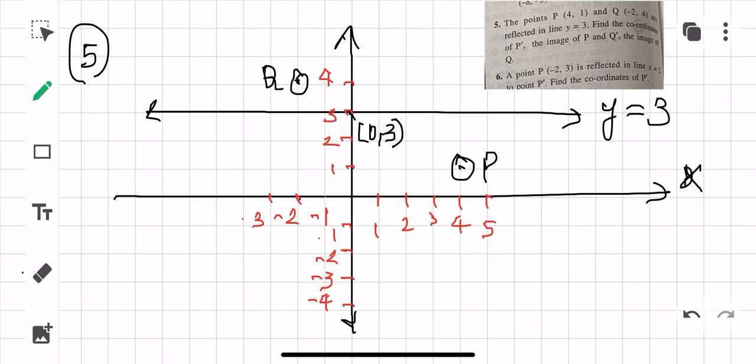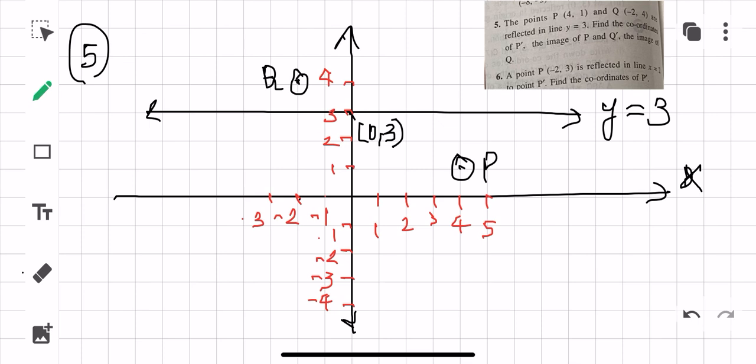Are reflected in the line y is equal to 3. Find the coordinates of P dash, the image of P, and Q dash, the image of Q. So if you look at this, children, it is understood that for P, this is acting as a reflecting surface, and it is reflected along the x axis, this is y is equal to 3.